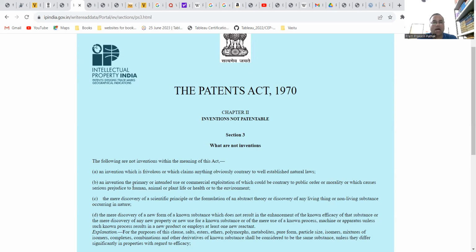So anything which is harmful to us will not be patented. So 3A is anything which is against the natural law, and 3B is anything which is harmful to us. 3B means harmful.